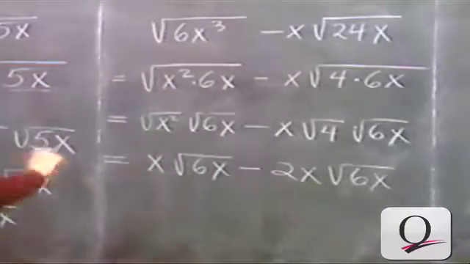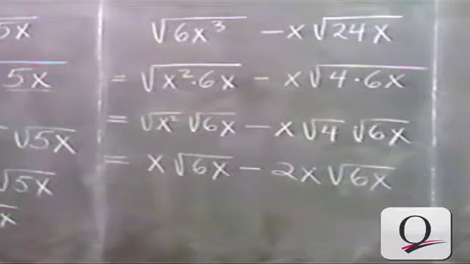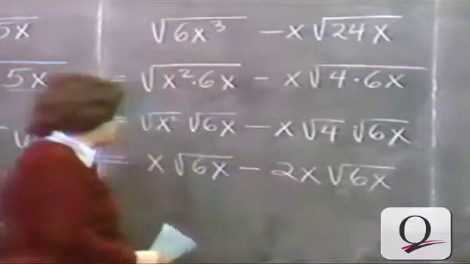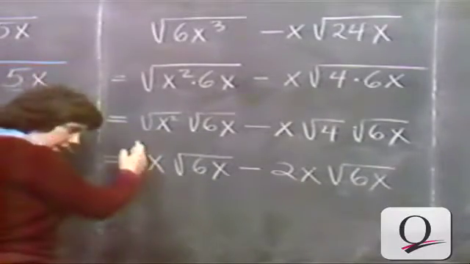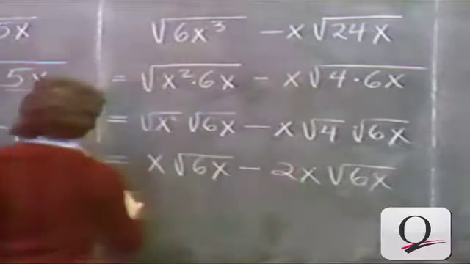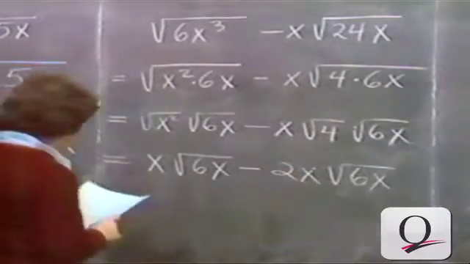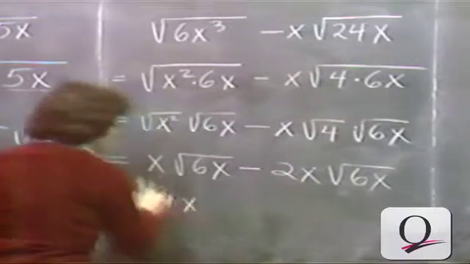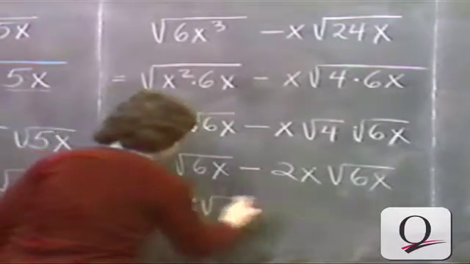Okay, we now have them in simplest radical form. We want to combine the quantities that are outside of the radical. We have here x, which is really 1x minus 2x. 1x minus 2x gives you minus 1x times the square root of 6x.